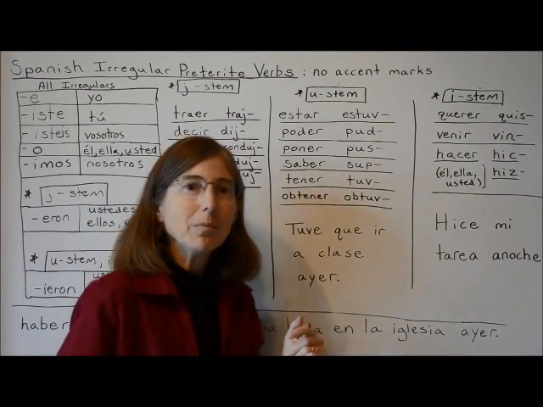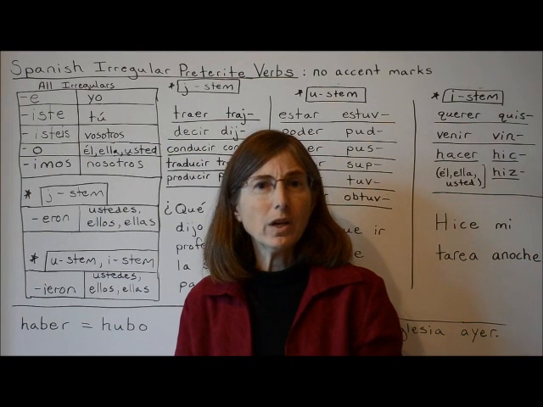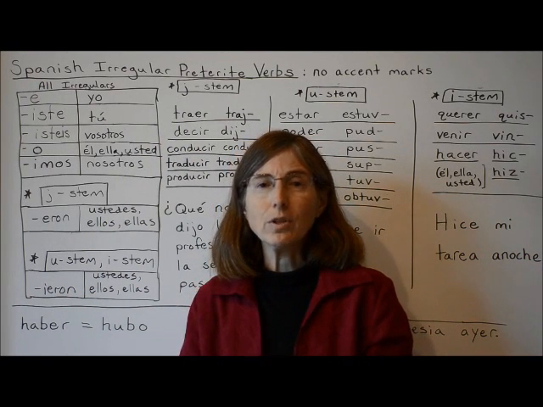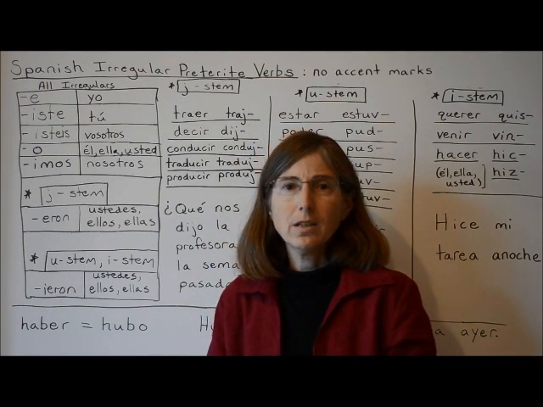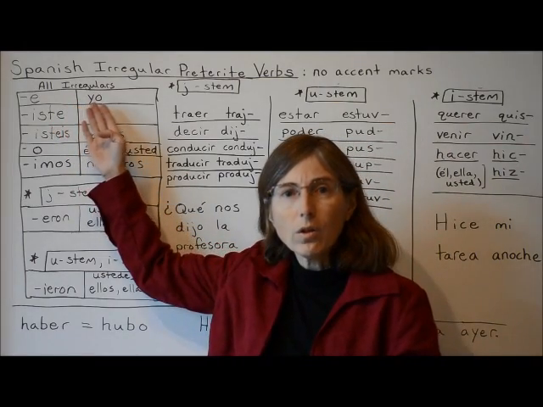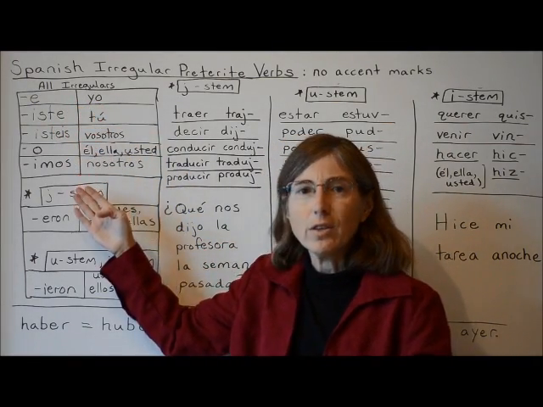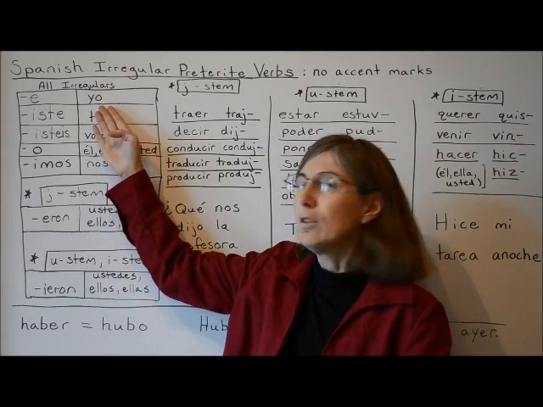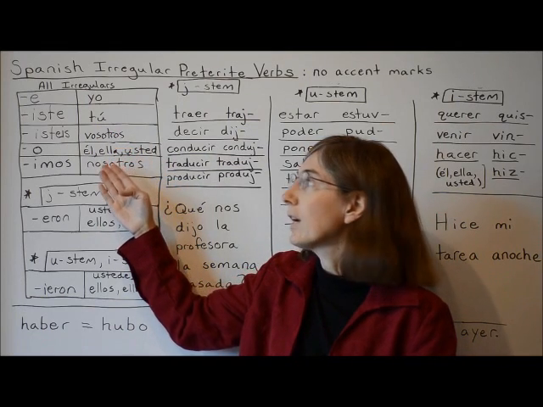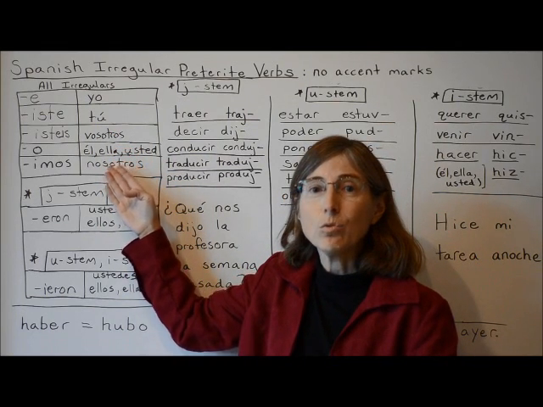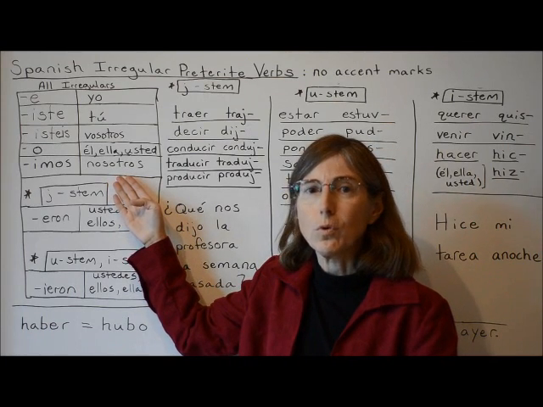Now we'll look at those in a minute, but first I want to show you that also the endings on the verbs, when we conjugate these verbs, are different from regular preterite conjugation endings. And for all of the irregular preterite verbs, these are the endings for yo, tú, vosotros, vosotras, él, ella, usted, and the nosotros and nosotras forms.